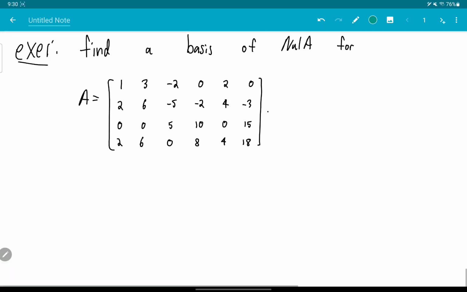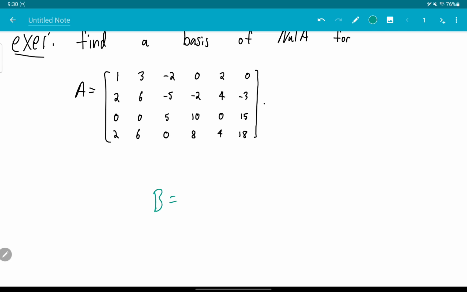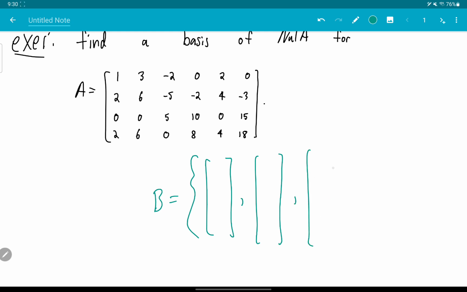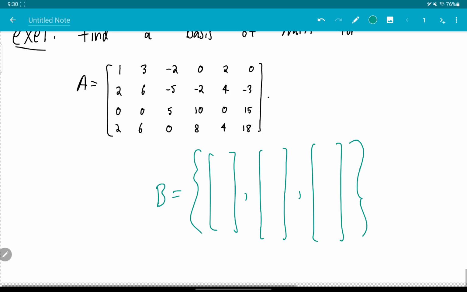When I did this, I got 3 vectors. And drum roll, please.